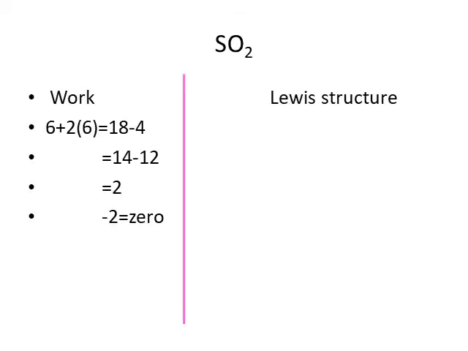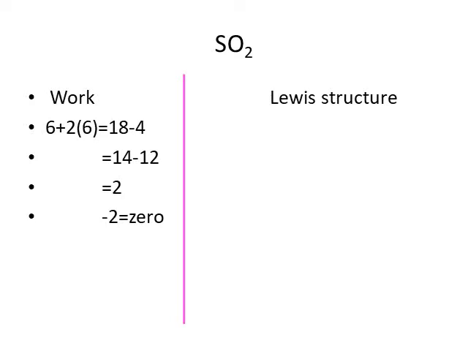The second example is sulfur dioxide, SO2, where the sulfur atom has 6 electrons in its outermost energy level. And the 2 oxygen atoms each also have 6 electrons in their outermost energy levels. So, the total number of electrons becomes 18. When I make 2 bonds between the sulfur atom and each oxygen atom, I consume 4 electrons.